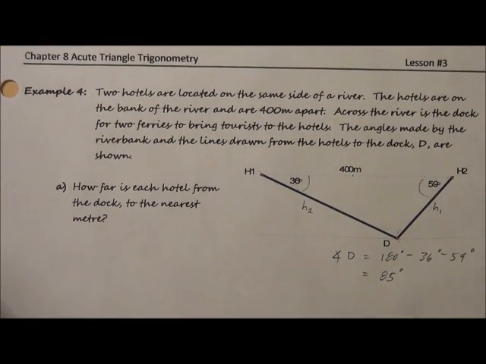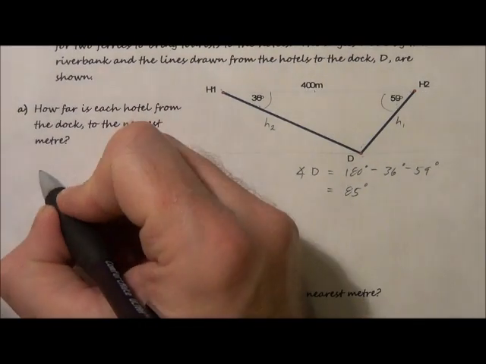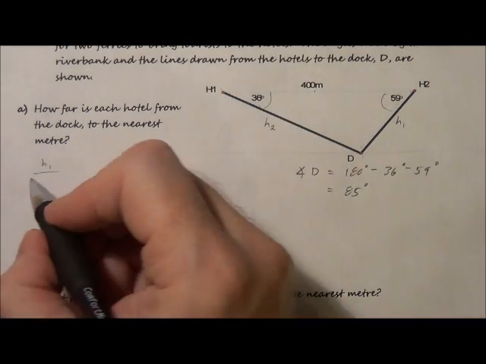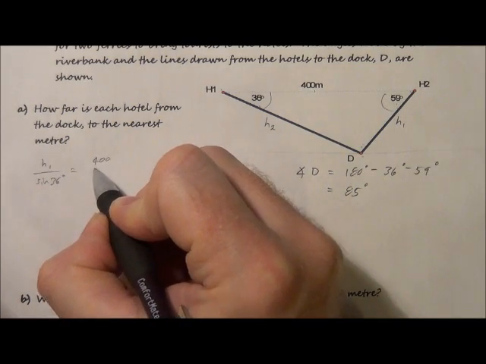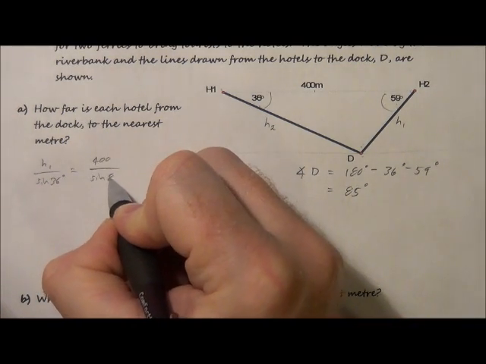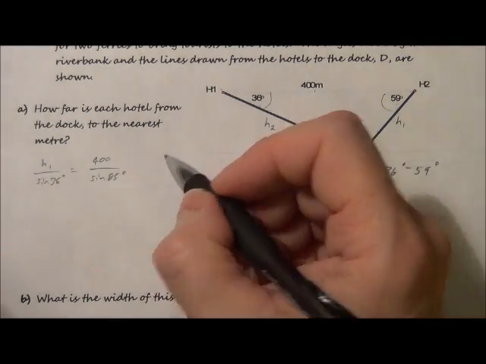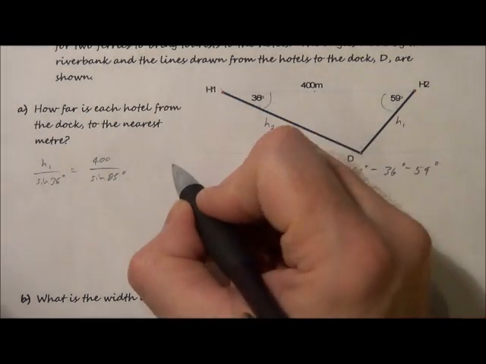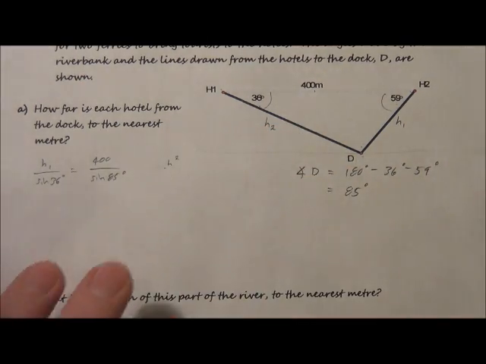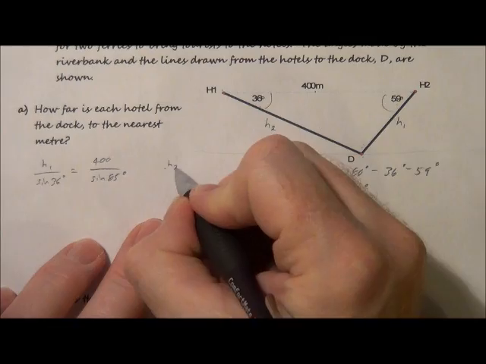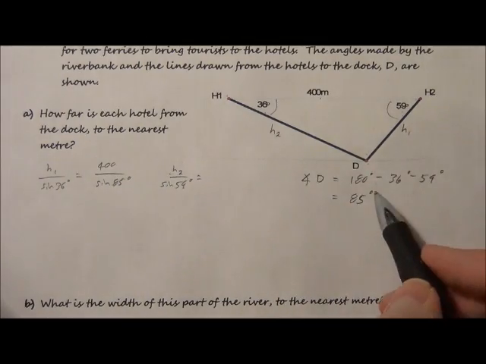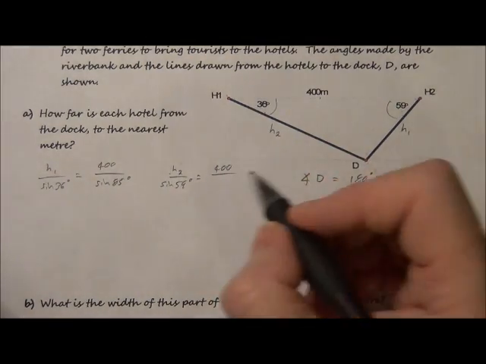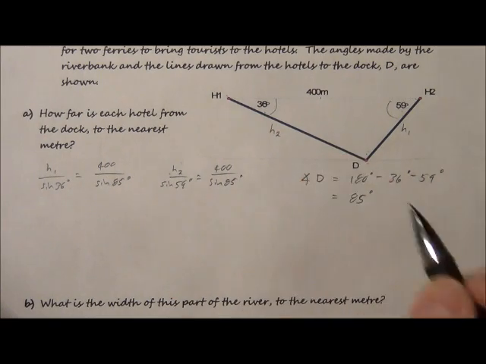Okay, so now we can find the two side lengths, and so we'd say that H1 over the sine of 36 degrees equals 400 over the sine of 85 degrees. And I can set up the same thing over here, H2, sorry, that's H2 over the sine of 59 degrees is 400, use the same ratio again, over the sine of 85 degrees.